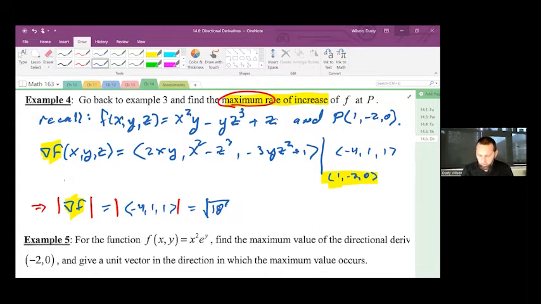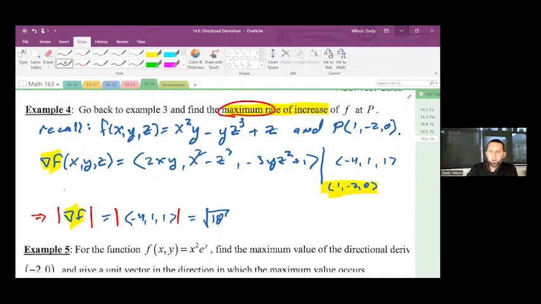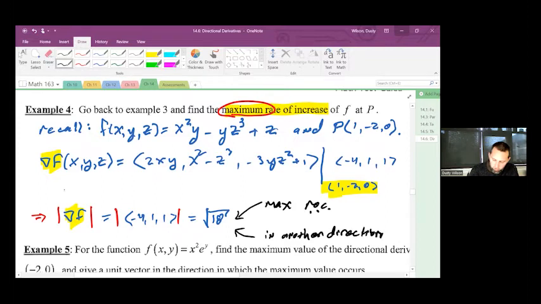We could give ourselves a little bit of a reality check by comparing. This is the max rate of change. And previously we found, in another direction, that the rate of change was equal to 3.